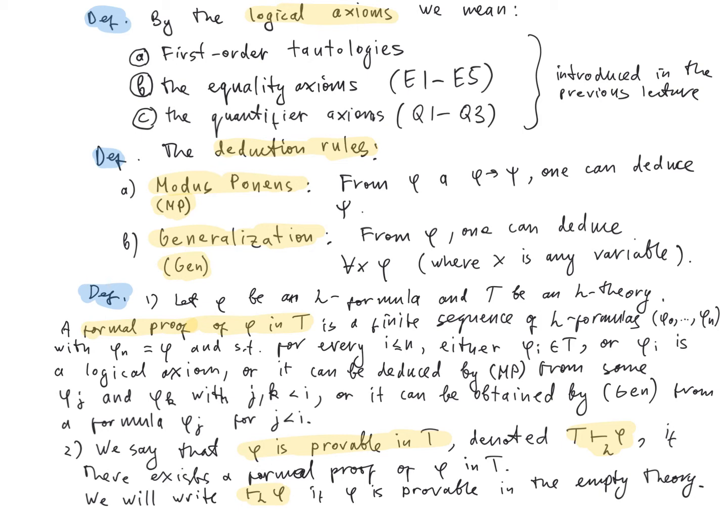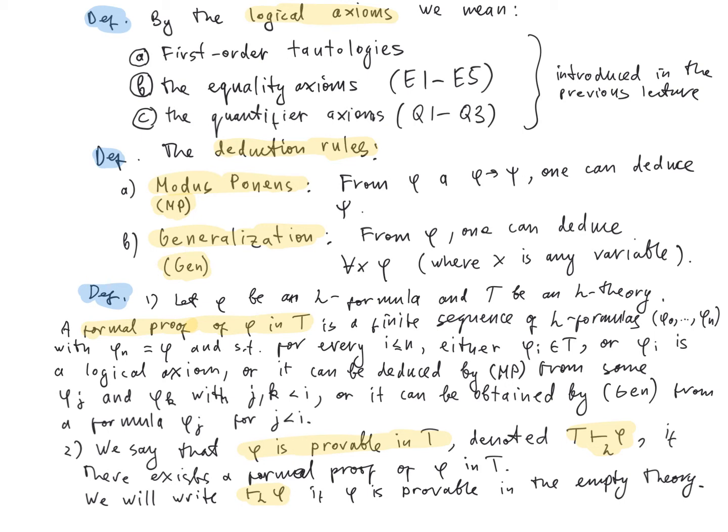What is the intuition behind this definition? The idea is that we first specify the logical axioms, which represent a simple collection of universally valid formulas that are self-evident, that evidently hold in all first-order structures.